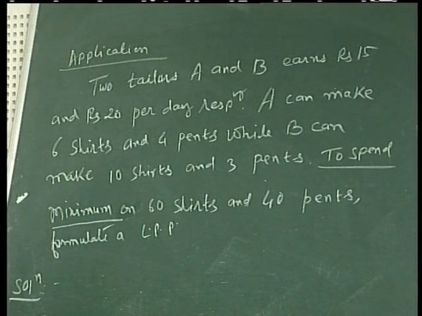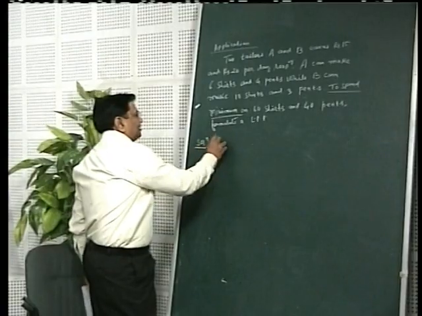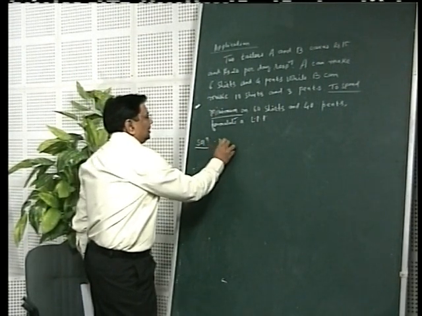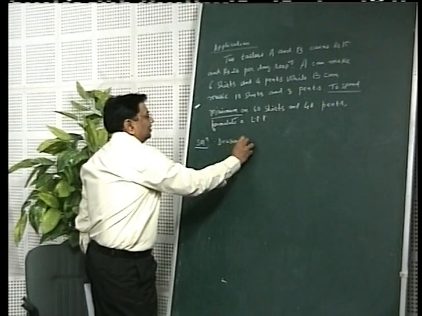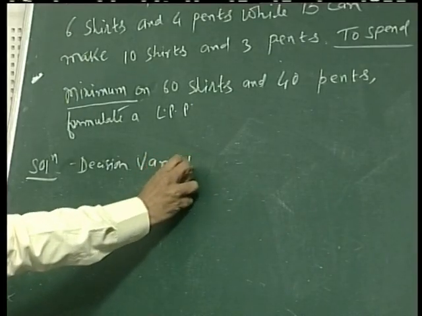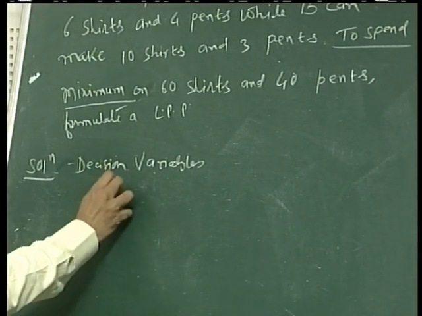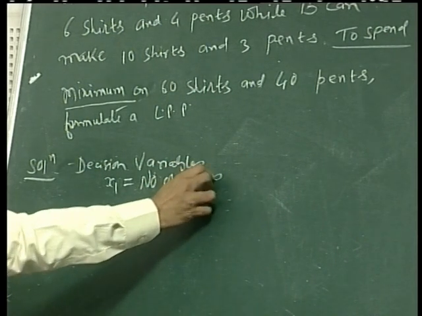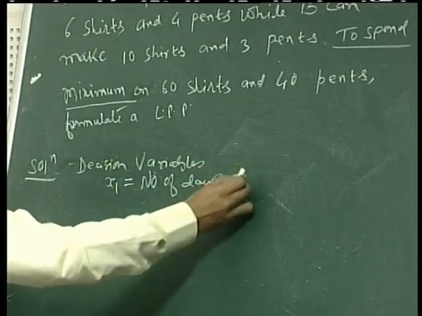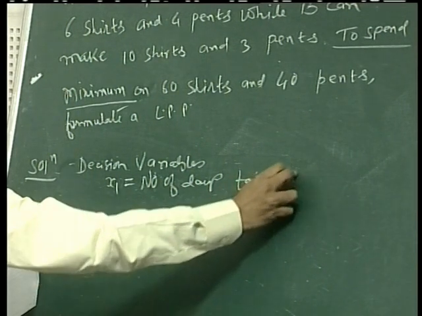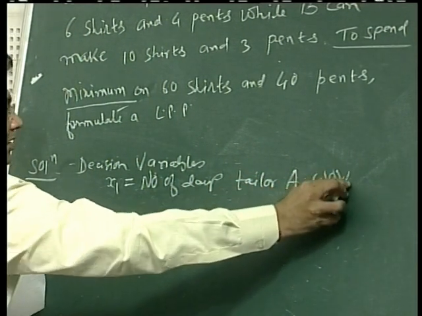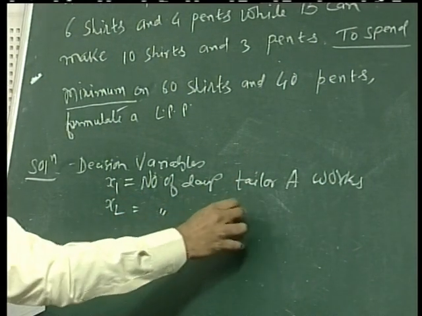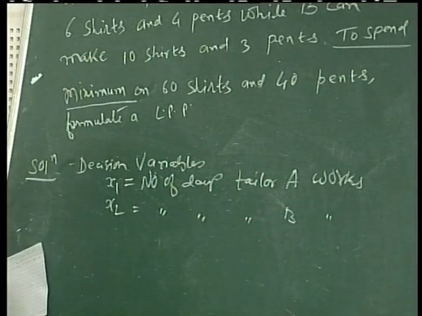So x1 is the number of days tailor A works, and x2 is the number of days tailor B works.